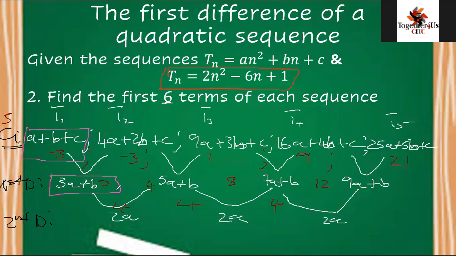And finally, we can also see that the second difference, which is 4 in this case, is equivalent to 2a. In the next video, we are going to prove the general term for a random quadratic sequence.